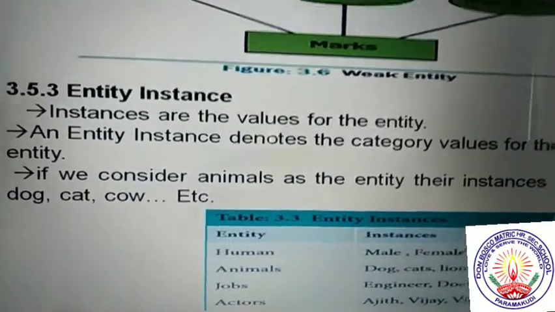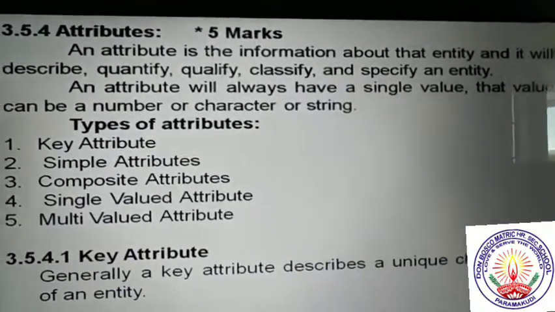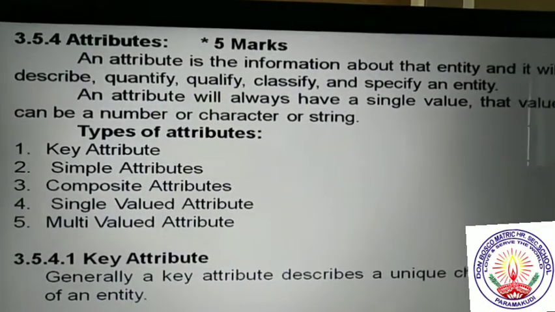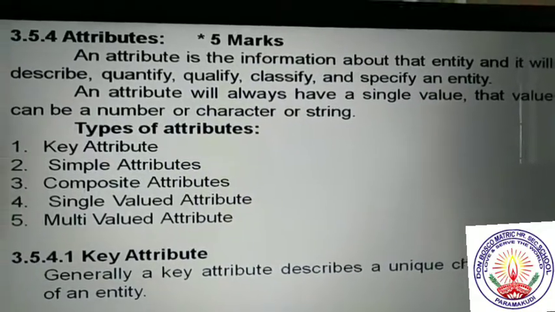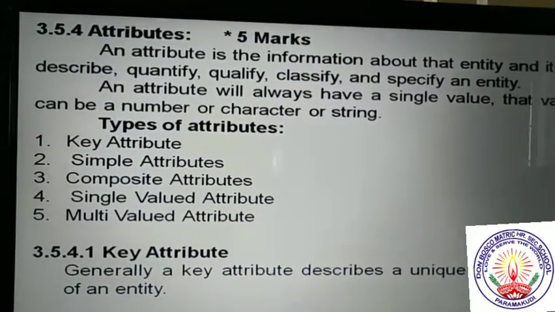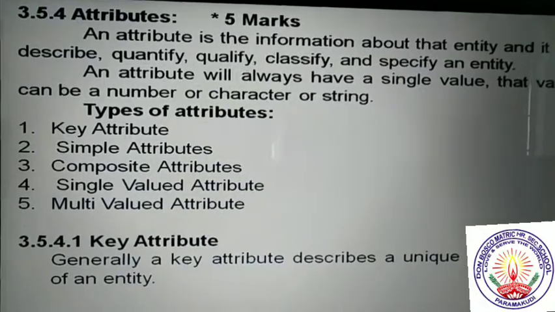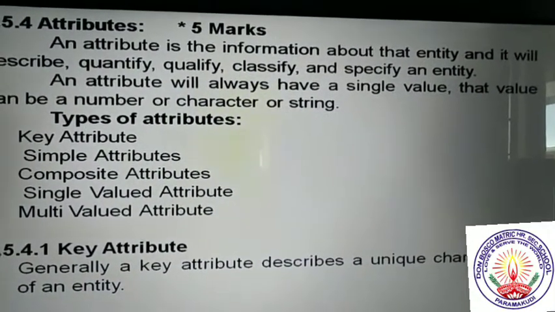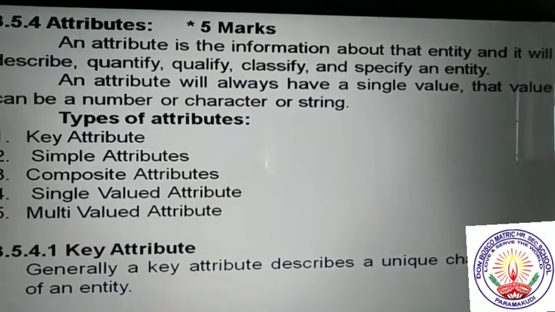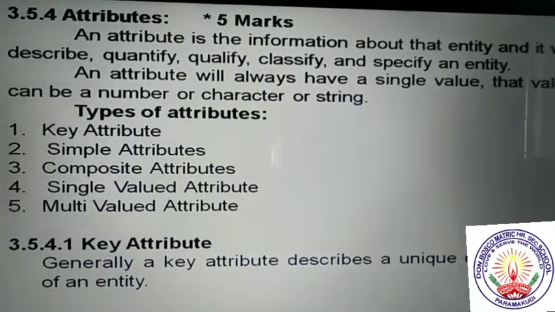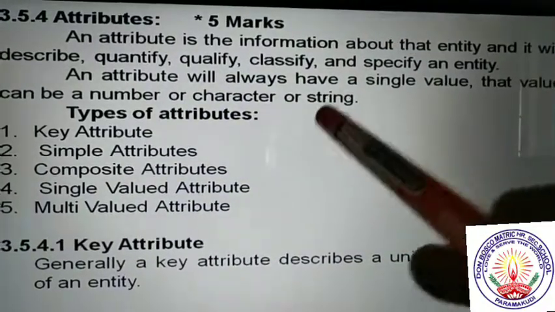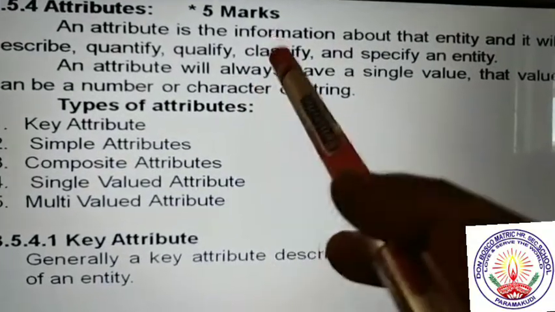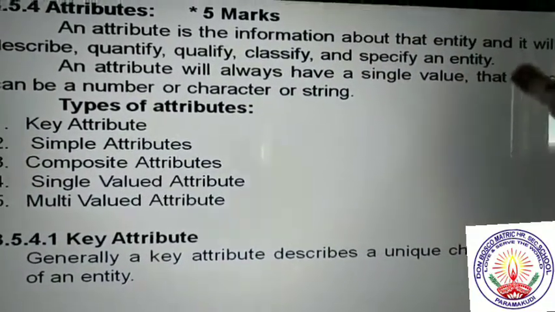Okay. And the next one, it's a very important concept, attributes. It's a 5 mark question. An attribute is the information. Already you know attributes, they are denoted by the column in the table. So an attribute is the information about that entity, and it will describe, quantify, qualify, classify and specify an entity.